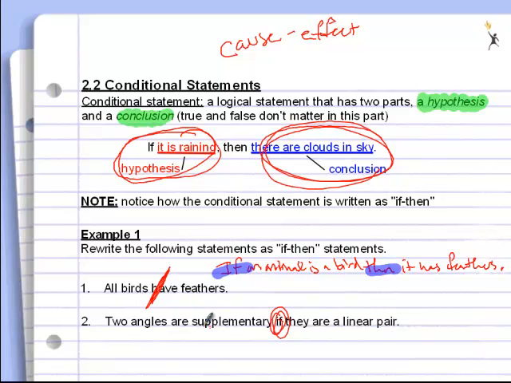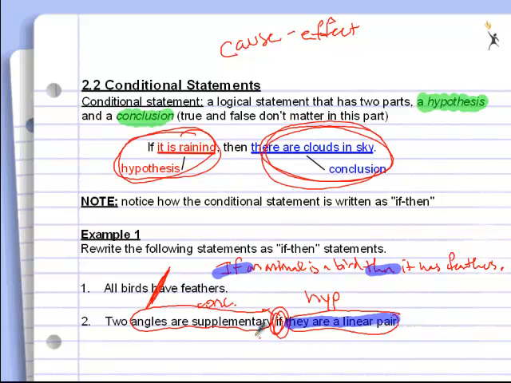This is written kind of backwards, but we still take the same idea. Angles are supplementary. They are a linear pair. But since this one follows the if, that makes it the hypothesis or the cause. The conclusion would be that if something is a linear pair, then it's supplementary.